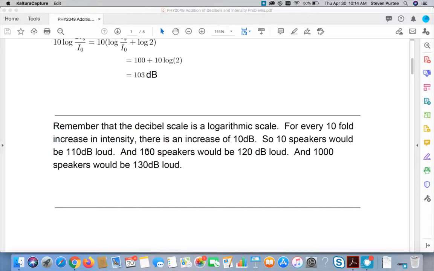If I multiply by 10 again, 100 speakers would only be 120. 120 is very, very loud. 1,000 speakers would go up by another 10 decibels. So that would be 130 decibels loud. And that's really, really loud.